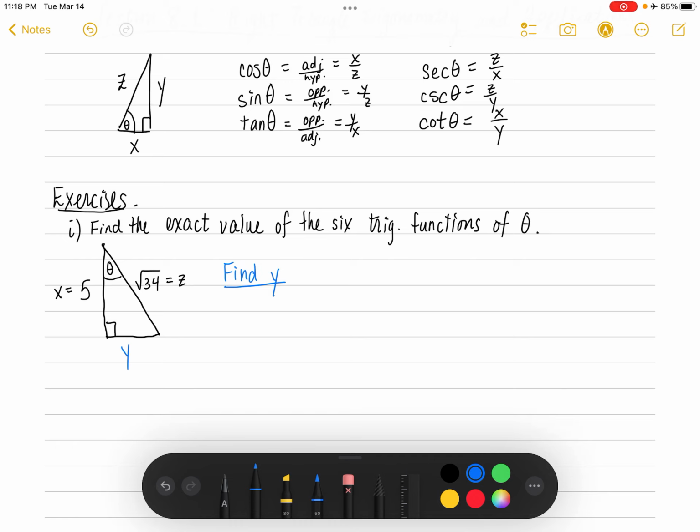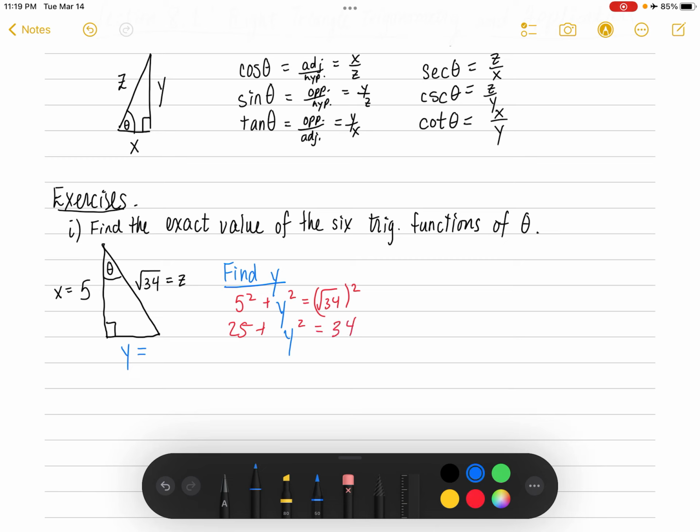We know that x squared plus y squared equals z squared, so we're going to have 5 squared plus y squared equals the square root of 34 squared. I'm going to have 25 plus y squared equals 34.